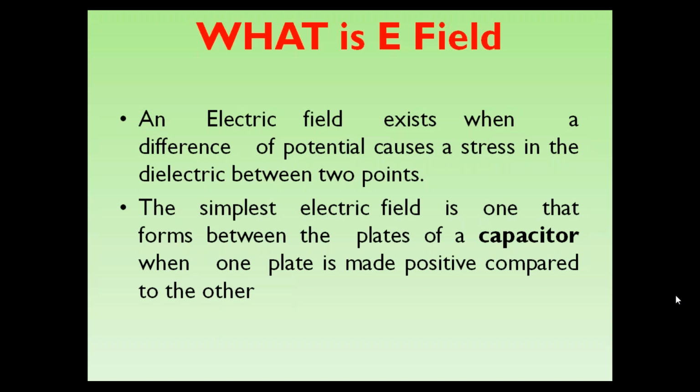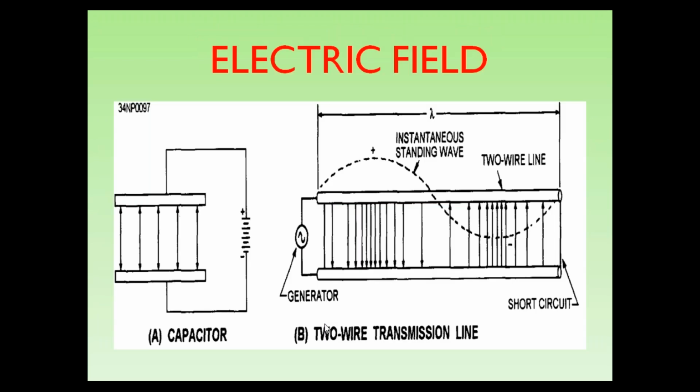The simplest way to represent this electric field is the capacitor. A capacitor has two plates, one positive and another negative. When we apply a voltage between those two plates, we get an electric field. This is how a capacitor is, positive and negative.